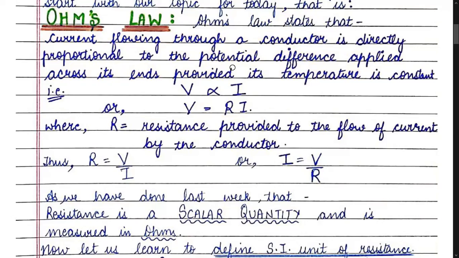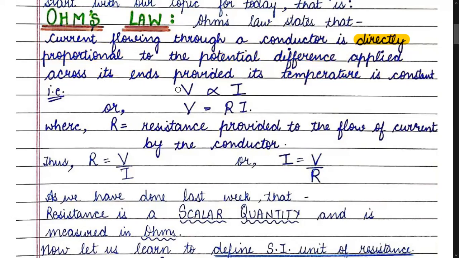So you have to be very specific. That is, current flowing through a conductor is directly proportional to the potential difference applied across its ends, provided, what is the condition? Provided that its temperature is constant. This condition is also important to be written.